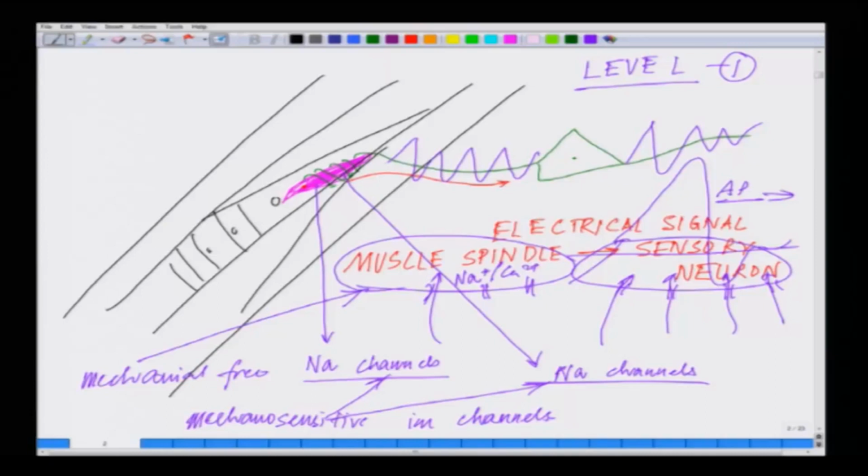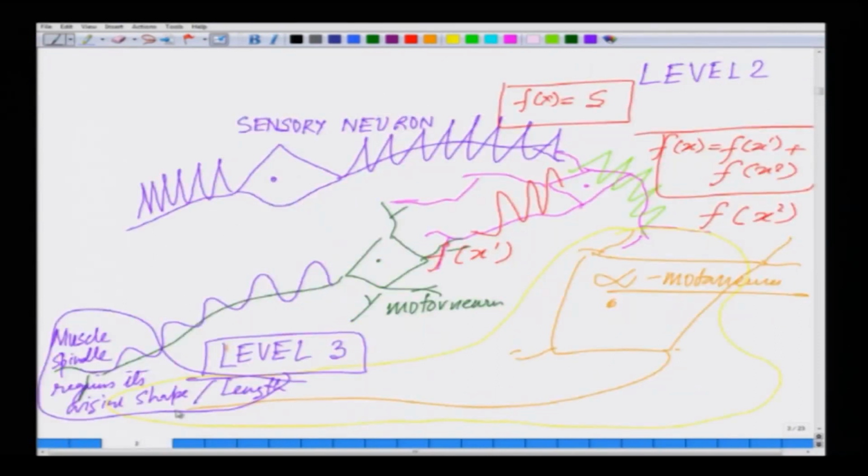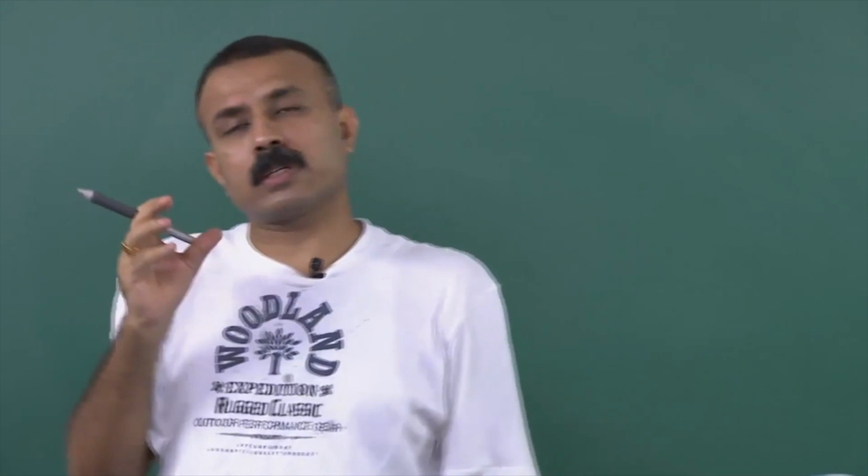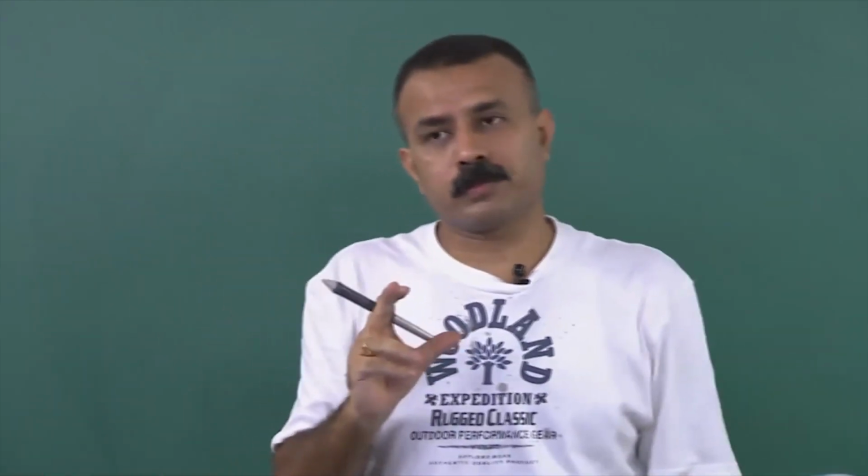Then this electrical signal travels to stage 2, the interneurons. In the interneuron, the signal is divided into two parts: one goes to gamma, one goes to alpha. The gamma electrical information comes to the muscle spindle and gets translated into a mechanical signal to tell the muscle spindle to come back to its original position.